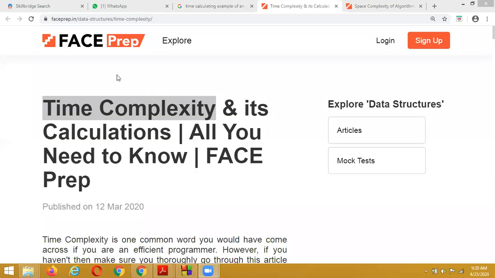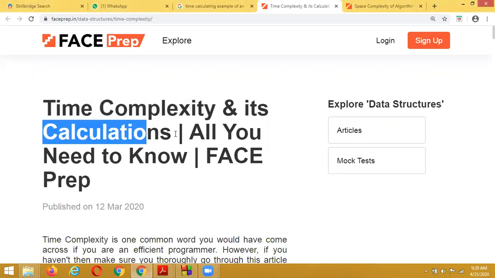Here we are calculating the complexity called time complexity. Inside this time complexity, how is the calculation going to be done, using the time for calculating the time.